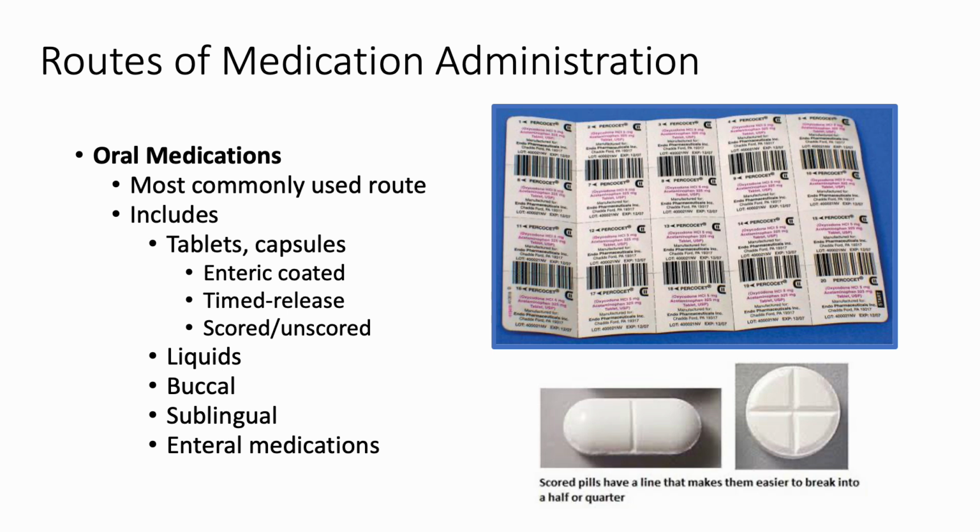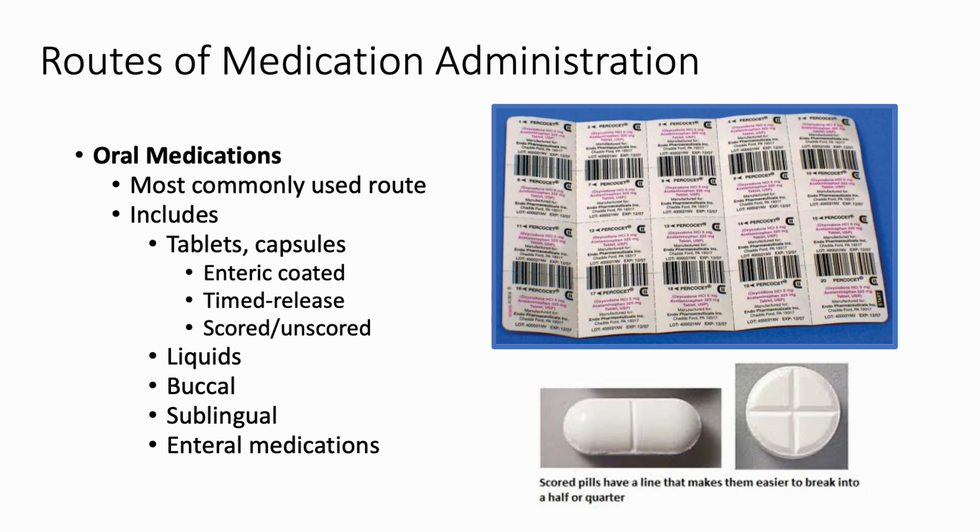There are other ways that we can give medications that also classify as the oral route. So with this, we can do a buccal medication. So that is where we allow the medication to dissolve in the cheek. And then sublingual medications, which is where we put the medication under the tongue, okay? Again, your oral cavity is so vascular, absorption is so fast in these ways.